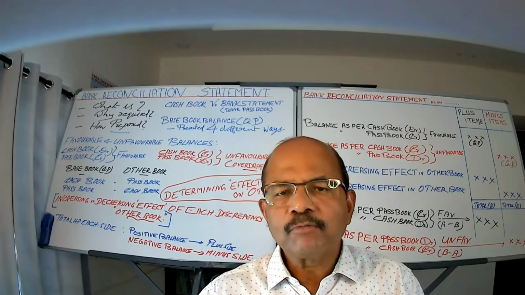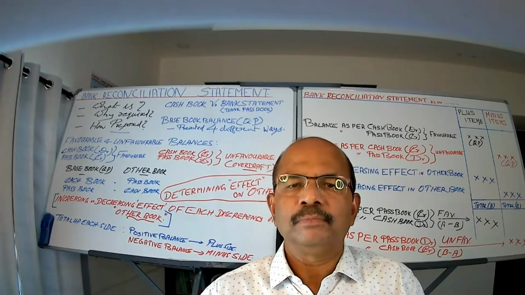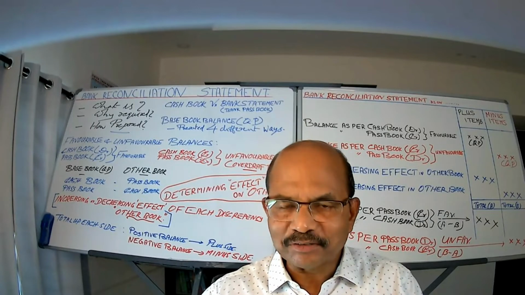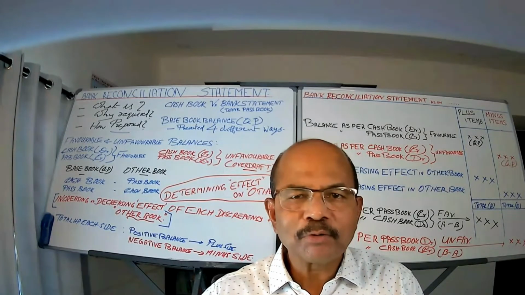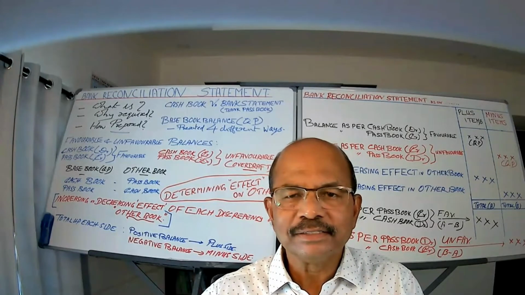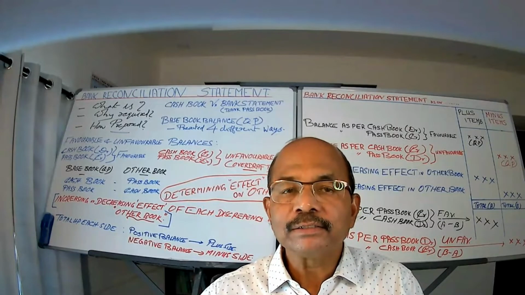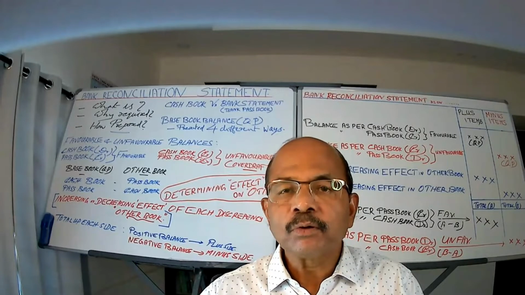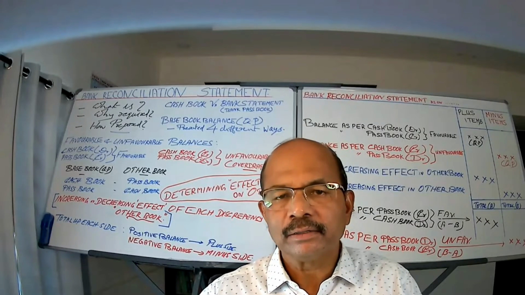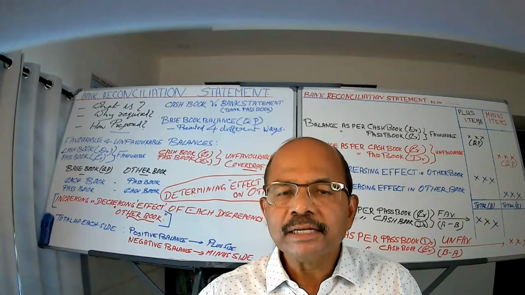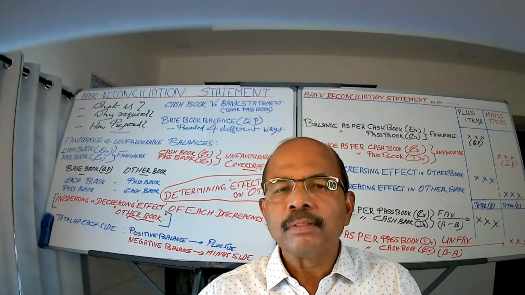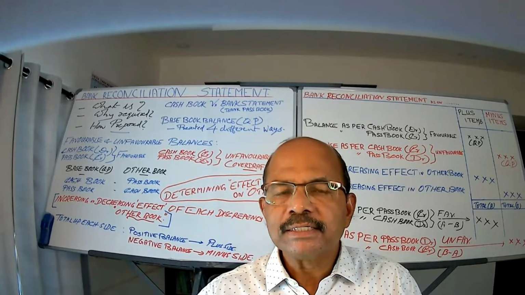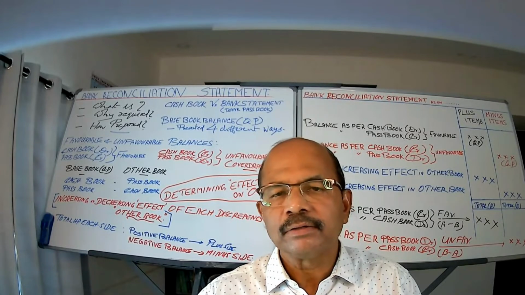So 1 lakh was there in the cash book. I issued a check for 20,000, and my balance has come down to 80,000. Whereas the check has not gone to the bank, the pass book balance is still 1 lakh, intact.